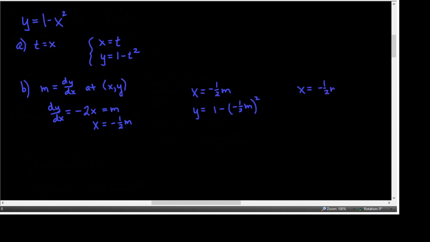I'm just rewriting it so they appear together. That simplifies to y equals 1 minus 1/4 m squared. Okay? So that's the answer for that one.